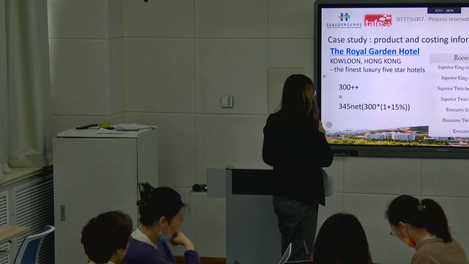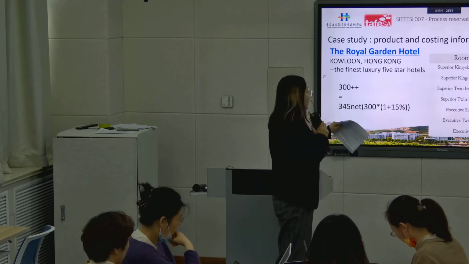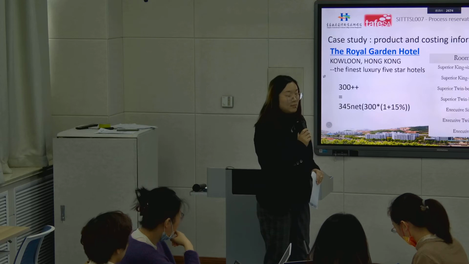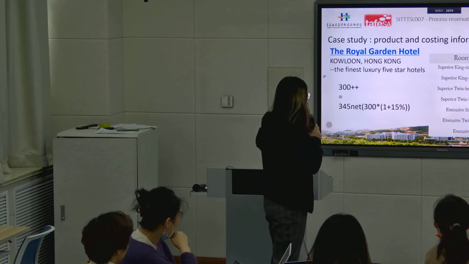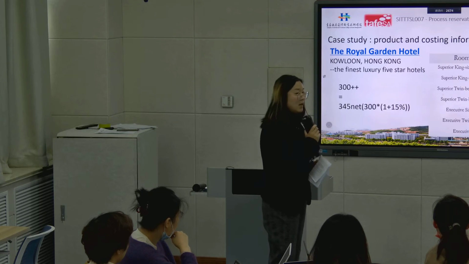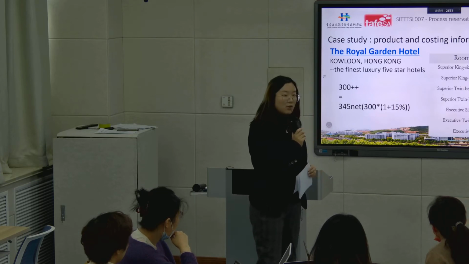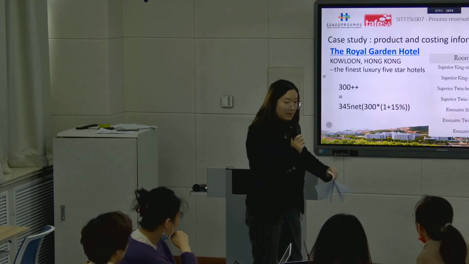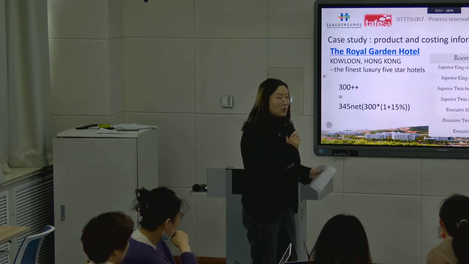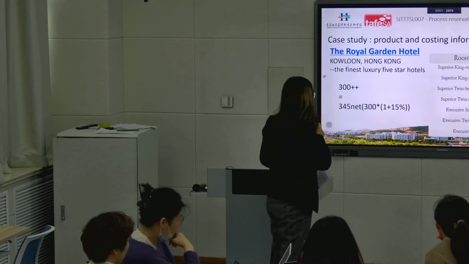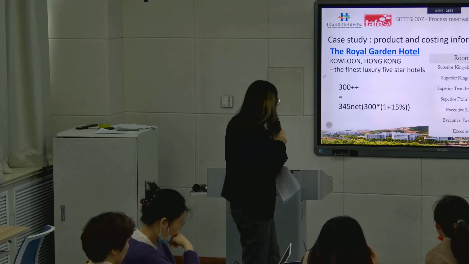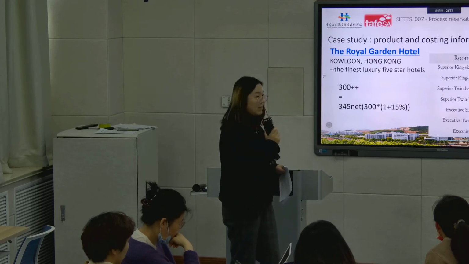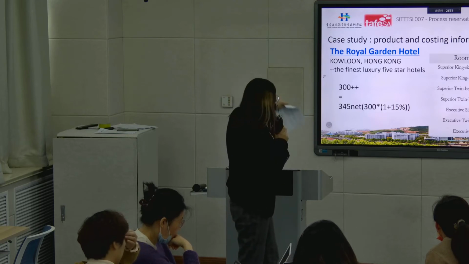The first one, 300 plus plus. What does 300 plus plus mean? It means you should add the service charge and tax to the price, right? The service charge and tax add to the price. We can say it is 345 net. So they are equal.